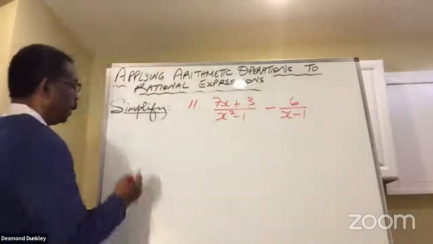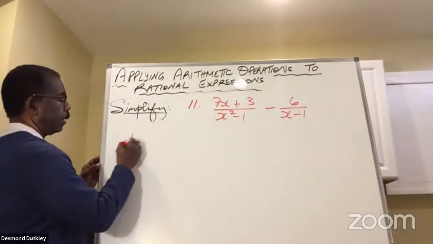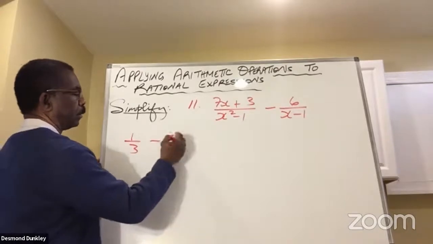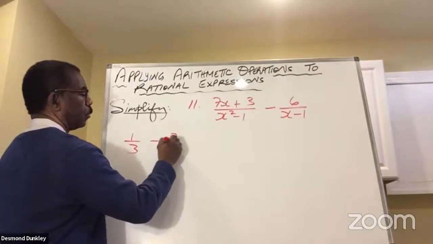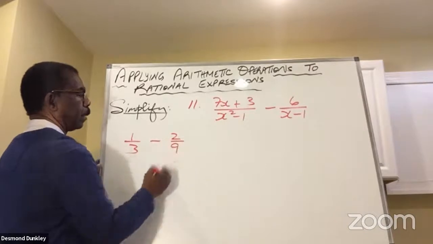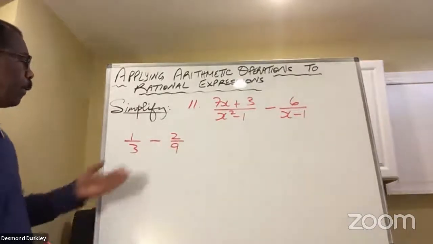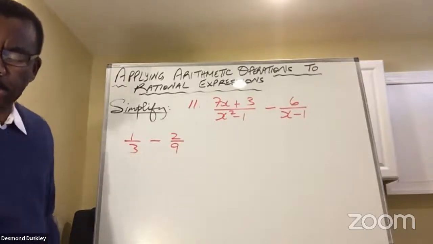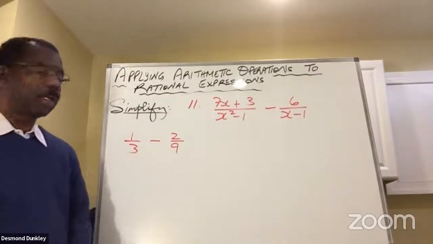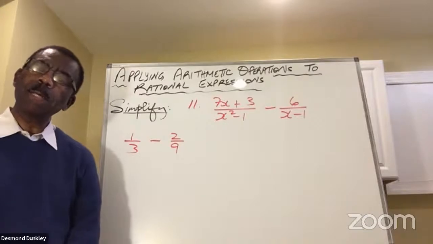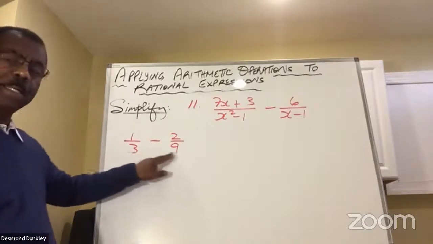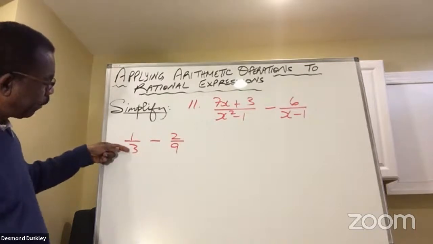Well, let's see something. If I gave you 1/3 minus 2/9. In order for you to do this, you're going to have to change these denominators so that you have the same denominator, or what is called a common denominator. So in this case, I could change this denominator to 9 by multiplying this by 3.